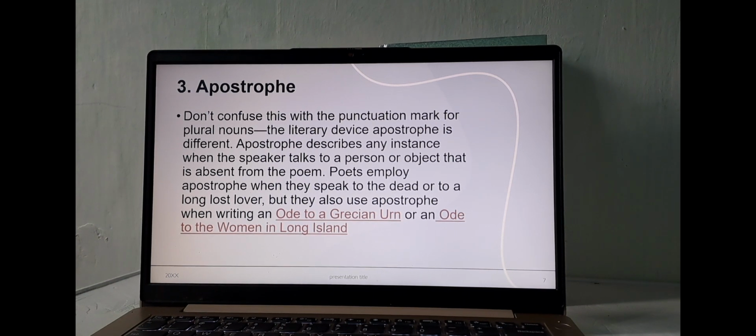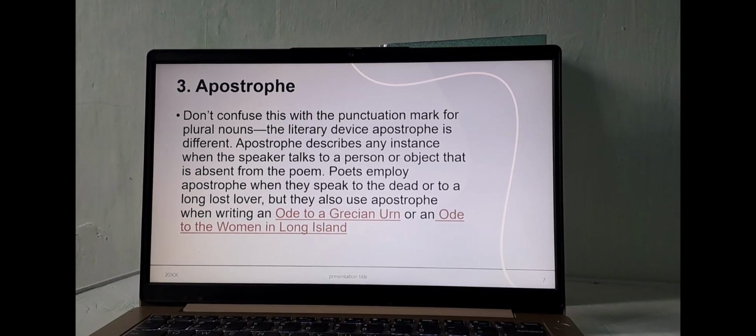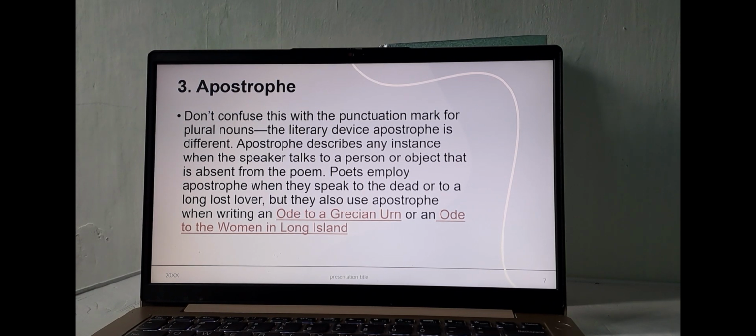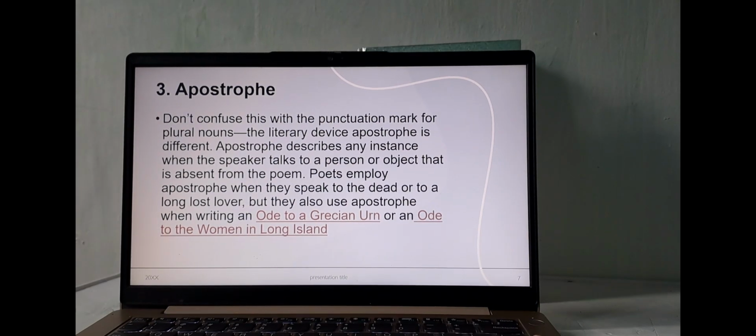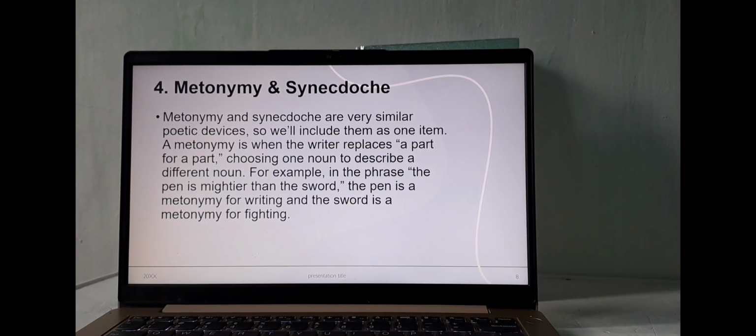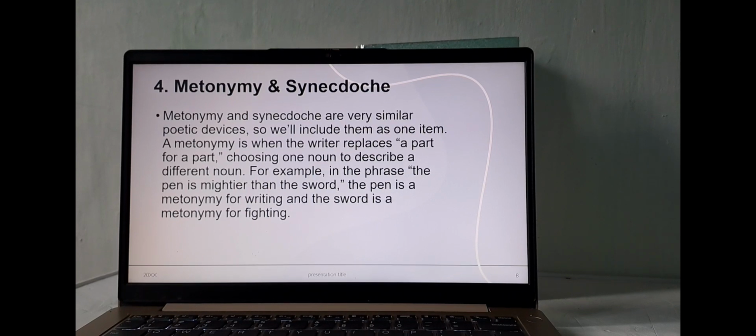Poets employ apostrophe when they speak to the dead or to a long lost love. But they also use apostrophe when writing an ode to a Grecian urn or an ode to the woman in Long Island.